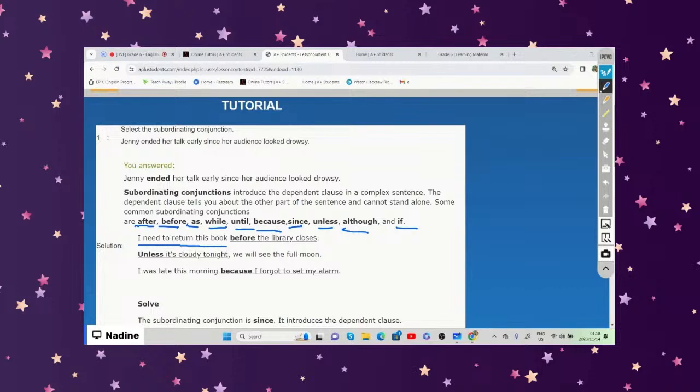And here we have, I was late this morning because I forgot to set my alarm. So I was late this morning, right? And we join that with the subordinate clause starting with the subordinating conjunction, which is because.